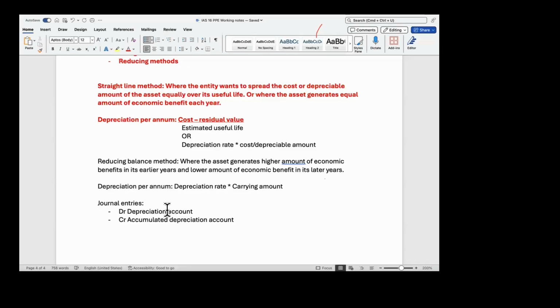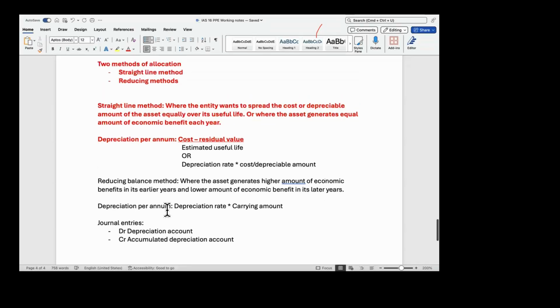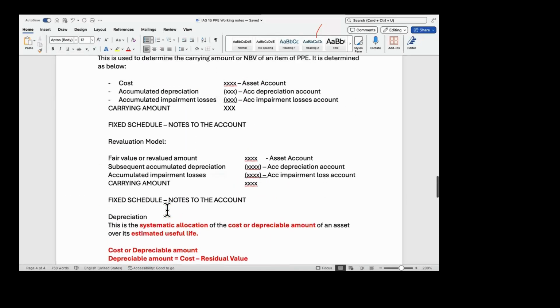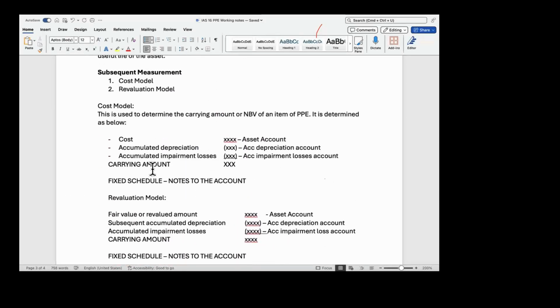So what Michael said is what most people think, which is what I corrected first when I started teaching you this. They would think that this accumulated depreciation impacts the asset account, so some people think you get the carrying amount from your asset account. That was the first thing I corrected.